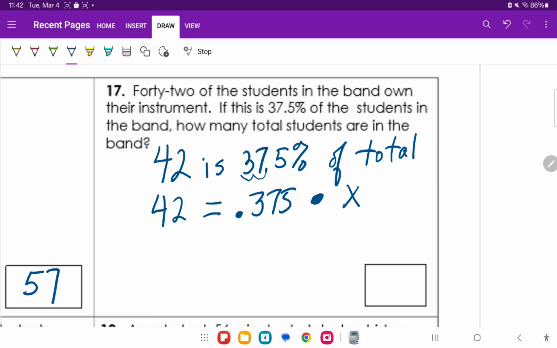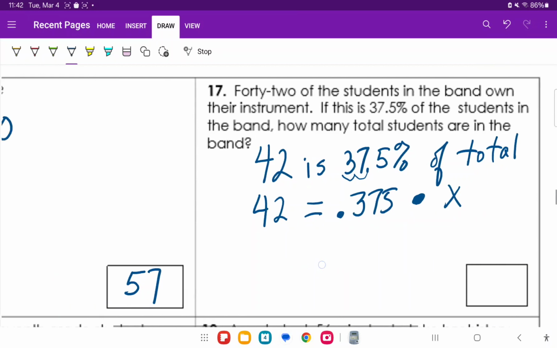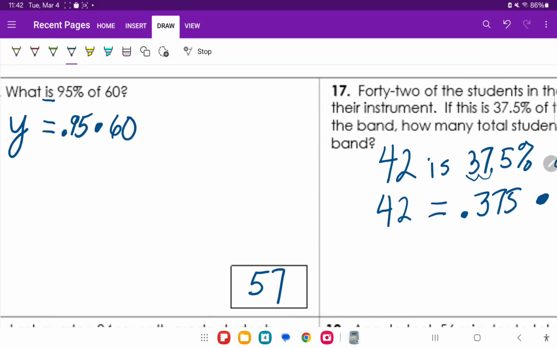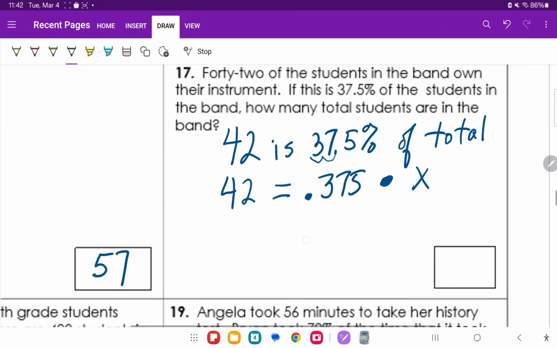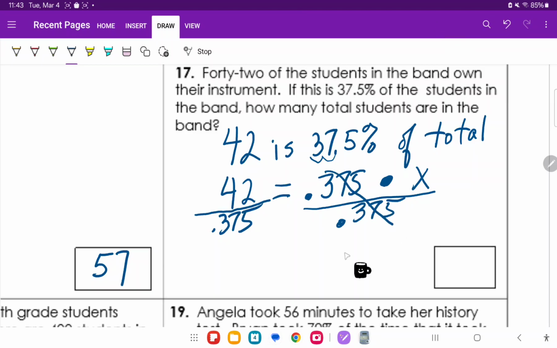Now, this time, on the first one, all we did was multiply those together. But on number 17, since the X is over here on the right side, we need to divide this time by 0.375 to get our answer. Because then over here that cancels out and you're left with just X.